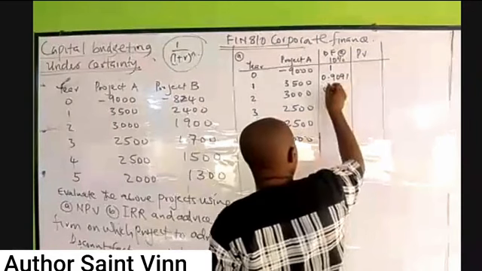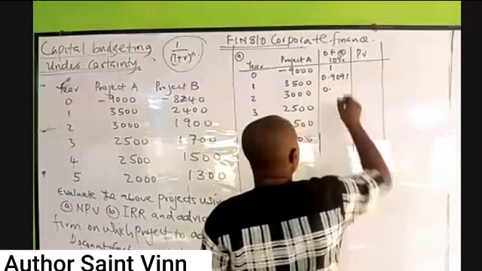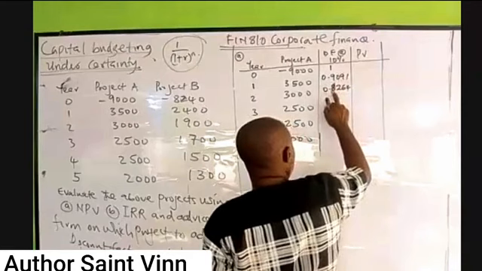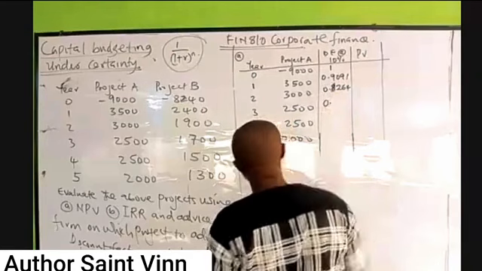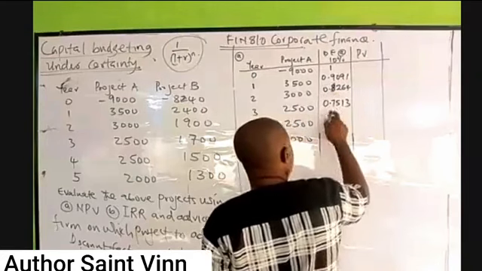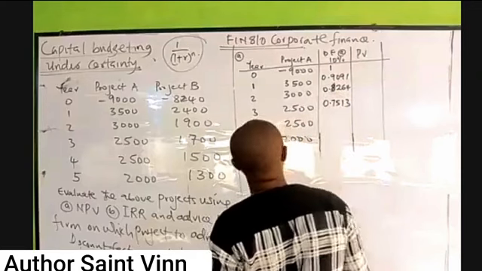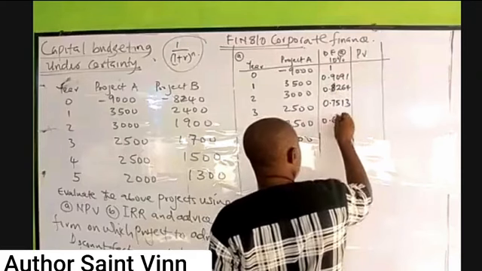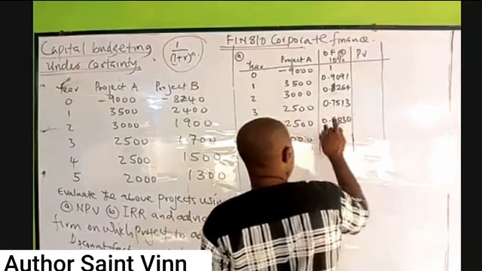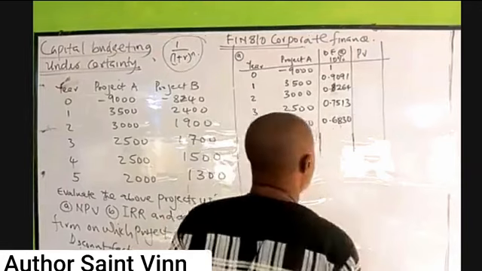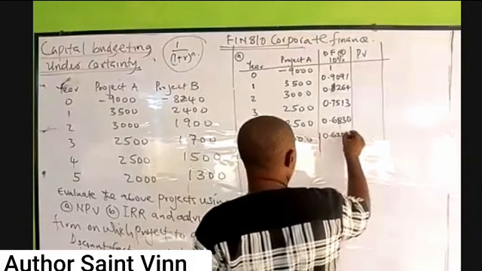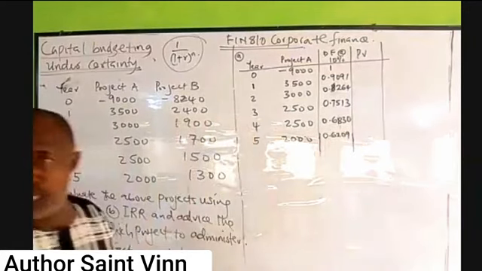Now divided by 1.1 also. 0.82264. Divide this also by 1.1. Divide this also by 1.1. 0.6830. Divide also by 1.1. 0.62. Is it clear? Who is not clear?